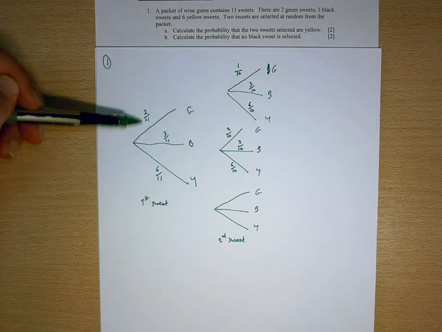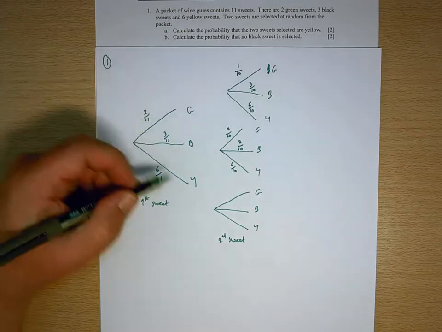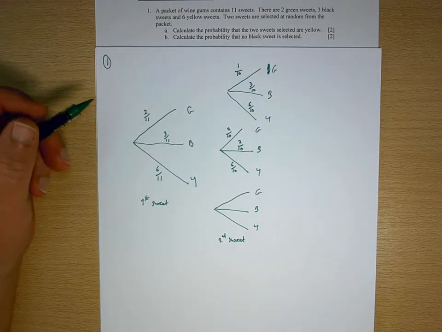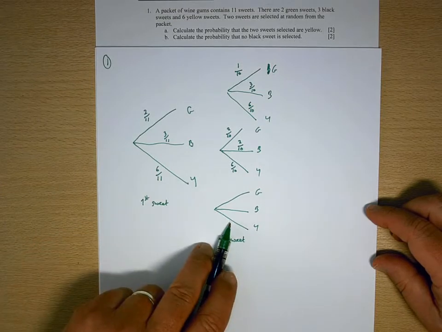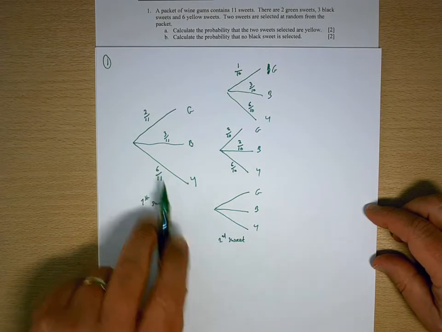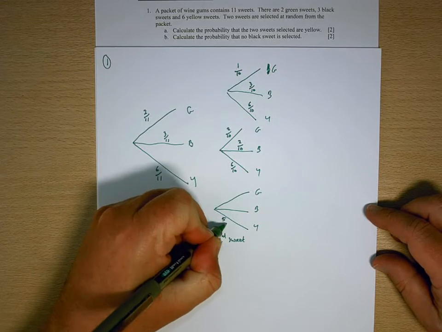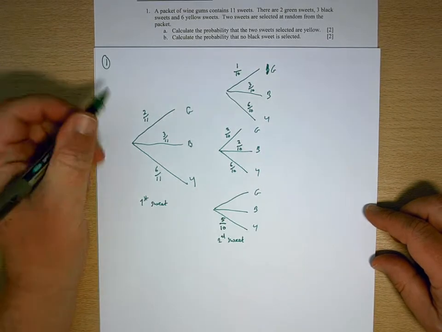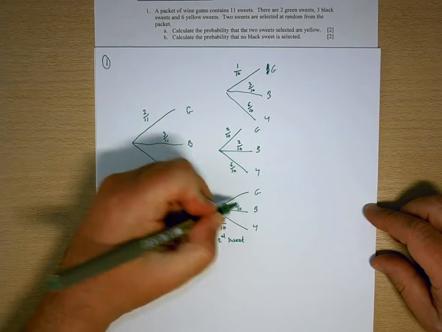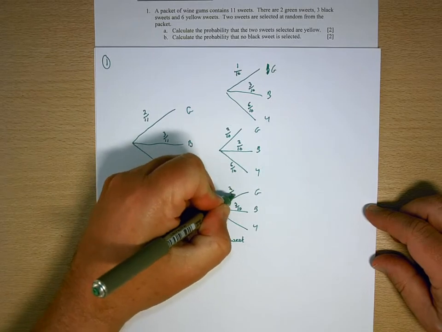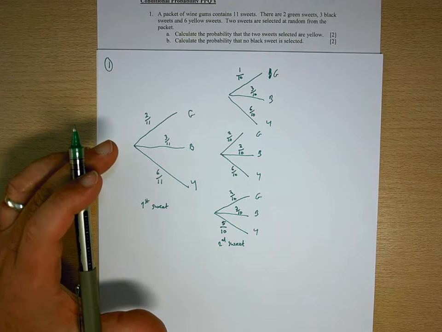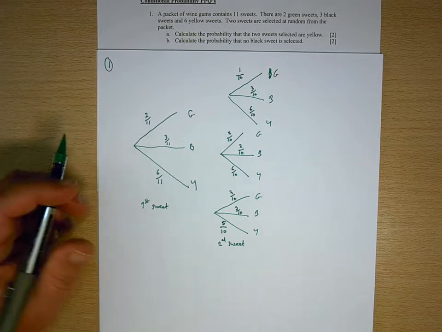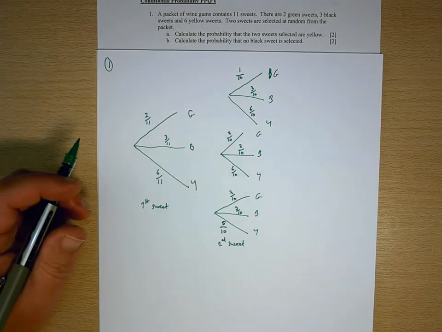So the branches should always add up to 1. For the final one, if the first one was yellow, chances of the second one being yellow would be 5 on top and 10 on the bottom, 3 out of 10 and 2 out of 10. So that's the first thing that we have to do, is to get all the probabilities clear on the diagram.